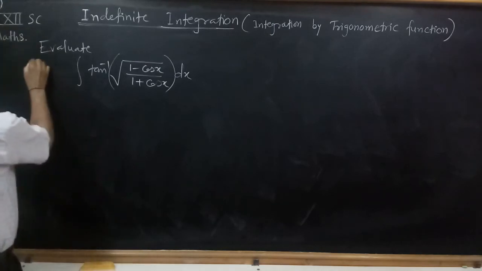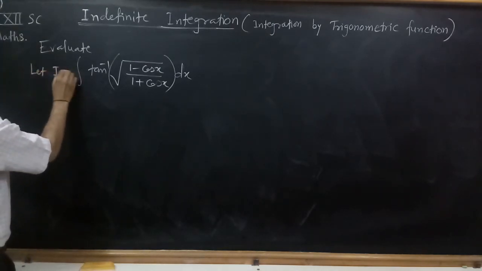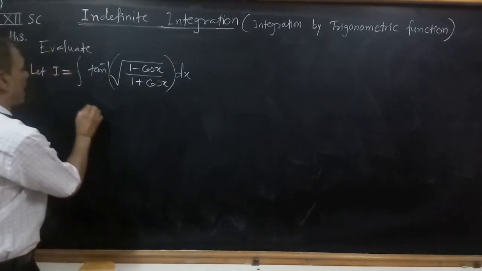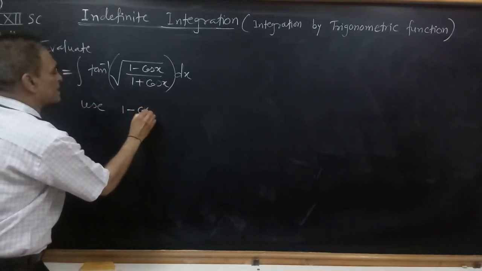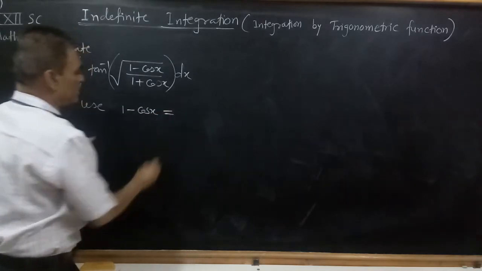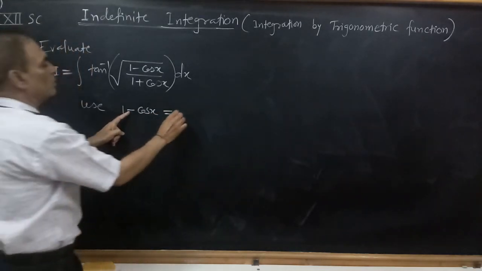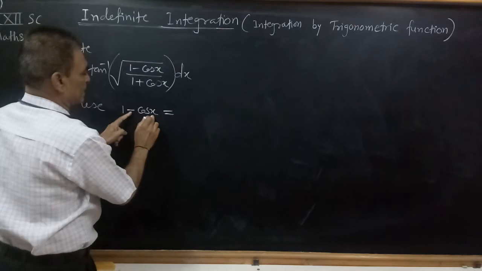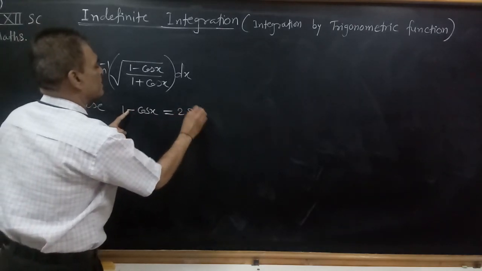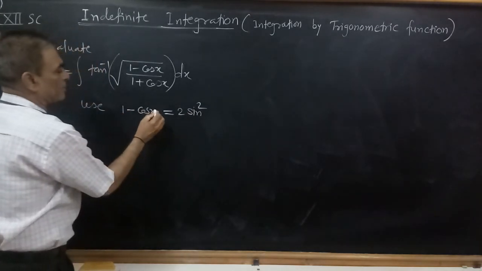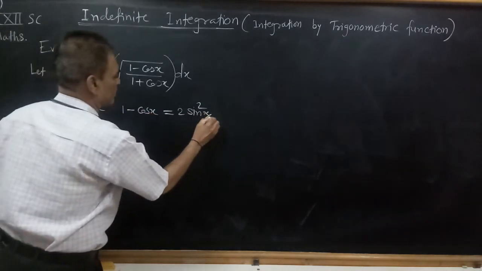First of all, let I equal the given question and use 1 minus cos x is equal to 2 times sin square of half of this angle, x by 2.